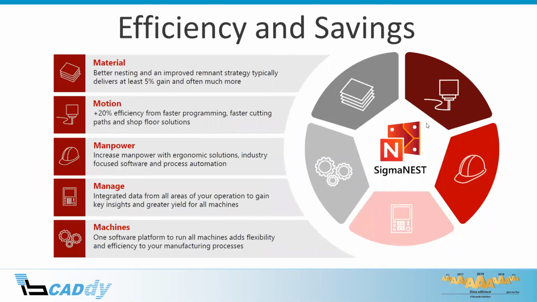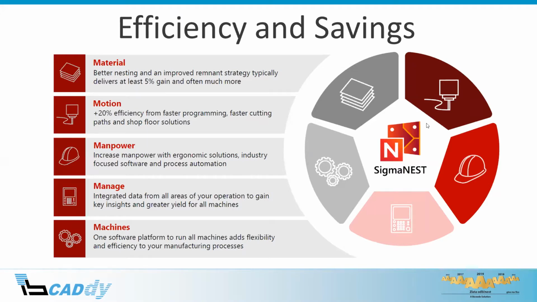SigmaNEST connects individual manufacturing operations to the entire organization to drive incremental improvements and improve efficiency regardless of your industry sector. From quoting to production to shipping, SigmaNEST comes packed with a range of features that delivers 5 key benefits to your fabrication workflow, also known as 5M. For materials, better nesting and improved remnant strategy deliver 5% or more in material gains.